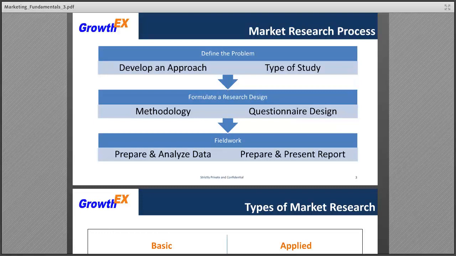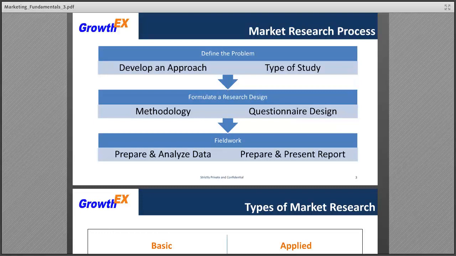Now, once you have defined the problem, you will develop the approach to solve that particular problem. While you are developing the approach, the most important aspect which you need to take care of is what type of study is required to be performed here.